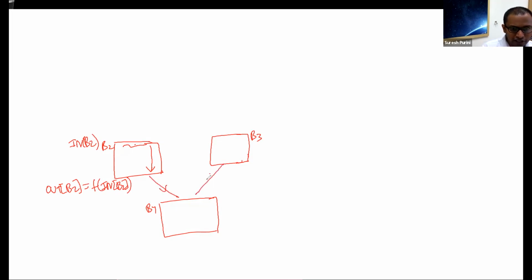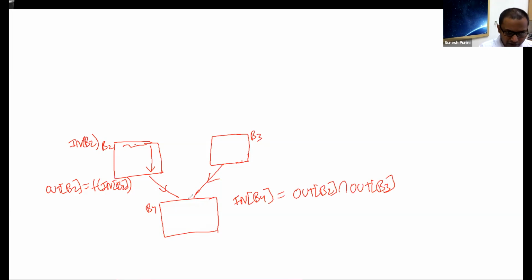And let's consider this control flow here. In this control flow, the set of expressions that are available at the beginning of the basic block B4, that is in of B4, is equal to out of B2 intersection out of B3.